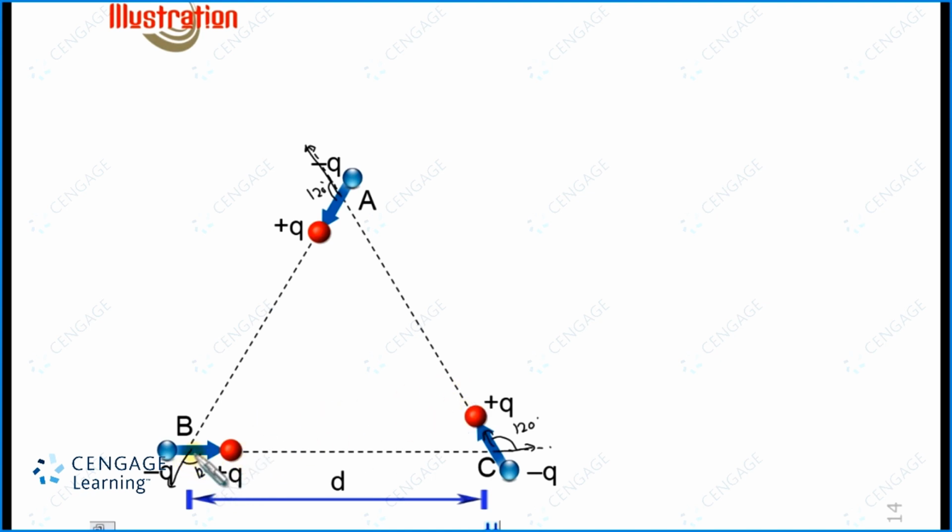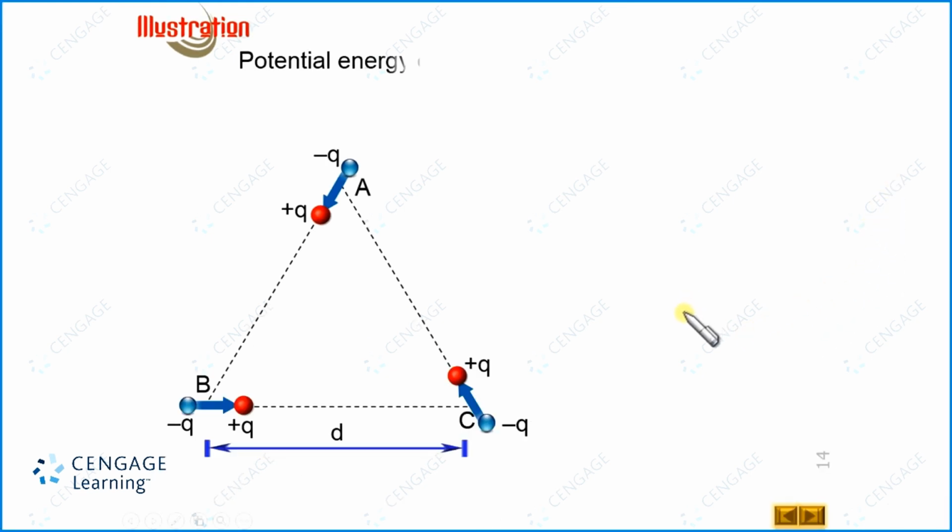That means if we select the 3 dipoles as a system, and if we calculate the potential energy associated with any one pair, multiplication by a factor of 3 will give the potential energy of the system. So let us write the potential energy expression for this system, that is equal to UAB plus UBC plus UCA, right? You know these 3 pairs, UBC, UAC and UAB, are the same in magnitude.